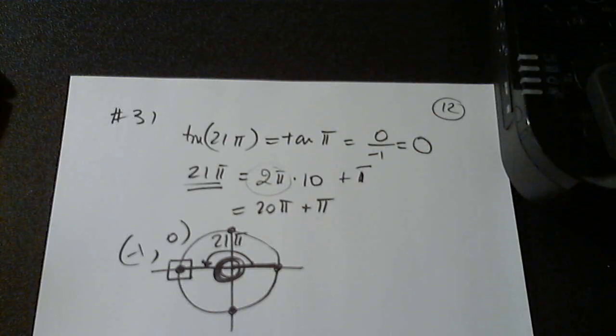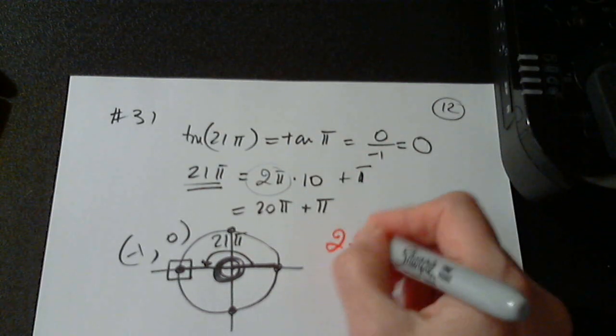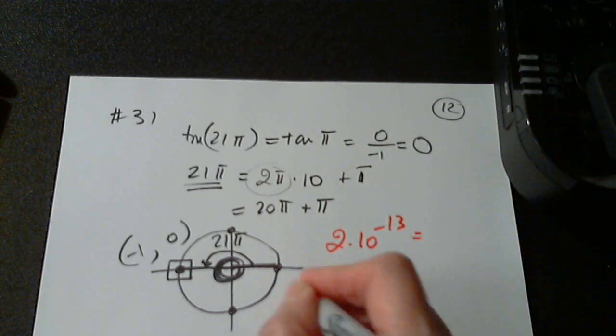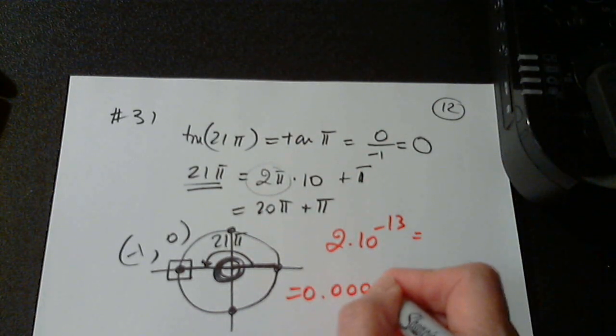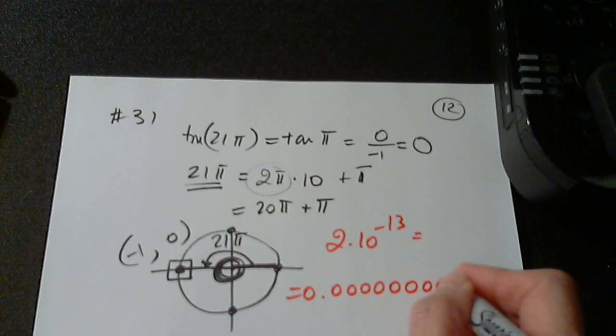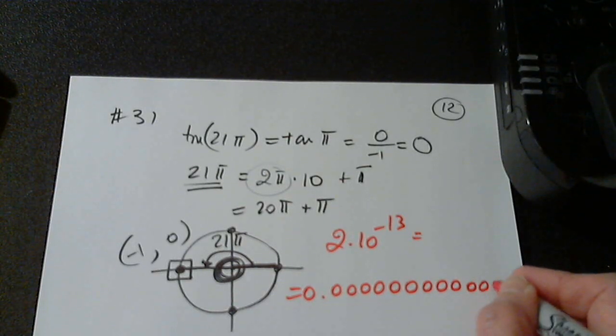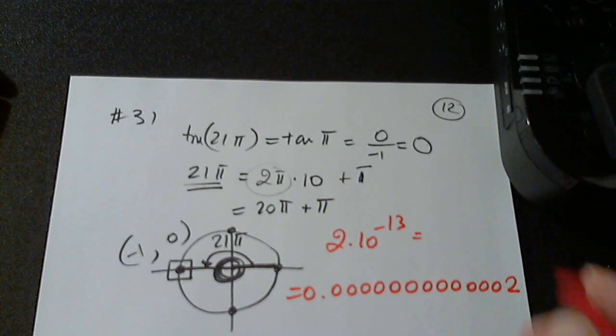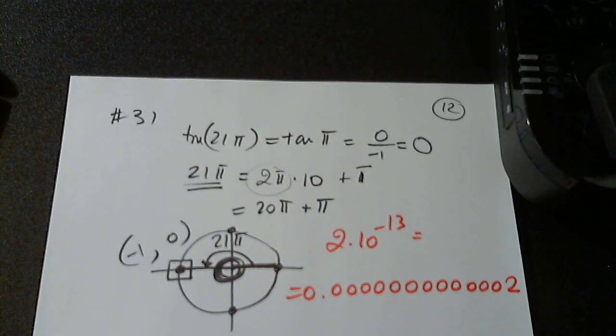And it's not really able to, but you know what this means, right? So 2 times 10 to -13 means 1, 2, 3, 4, 5, 6, 7, 8, 9, 10, 11, 12, 13. This is the error of the calculator.